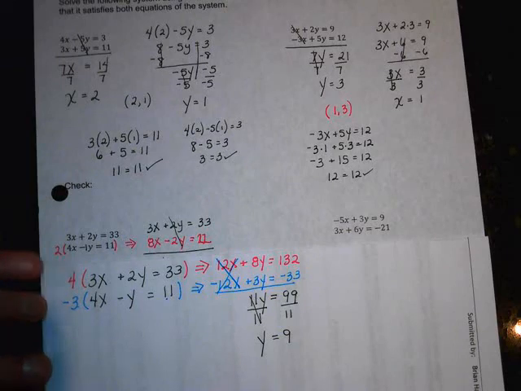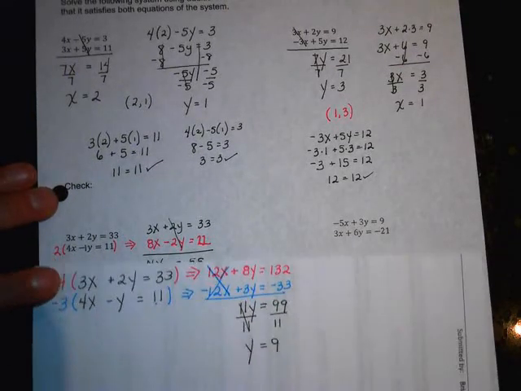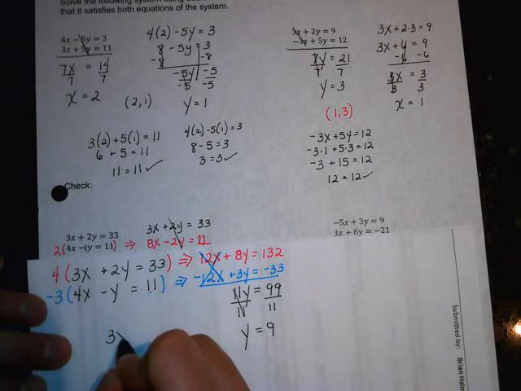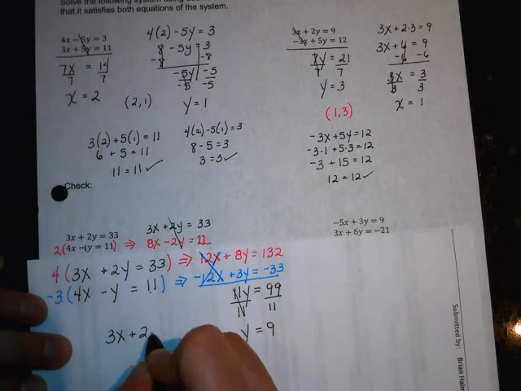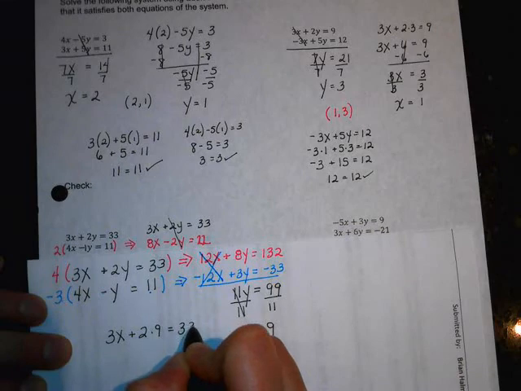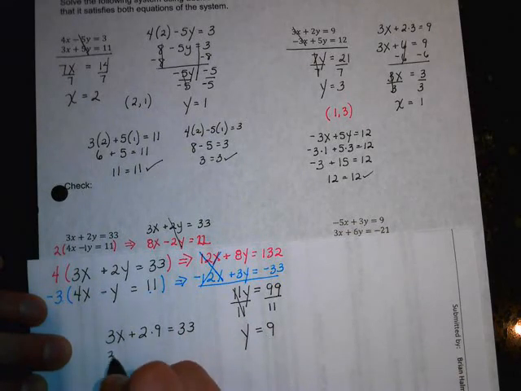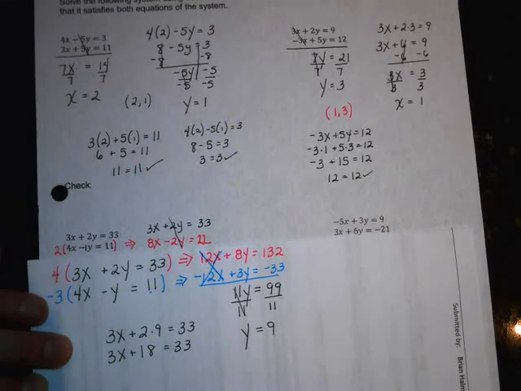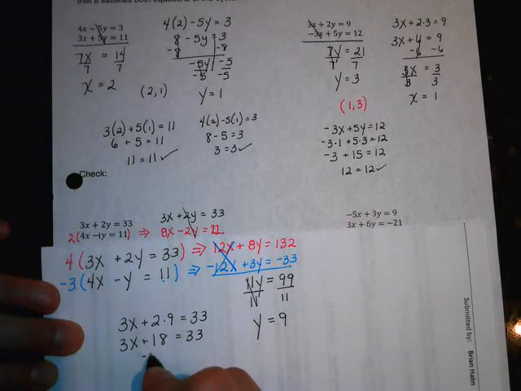But if I'm covering it up, then I would use the first one to solve for x, and the second one would be my check, which is what we just did. So 3x plus 18 equals 33, right? And then we're going to go ahead and solve. I would subtract 18 from both sides.